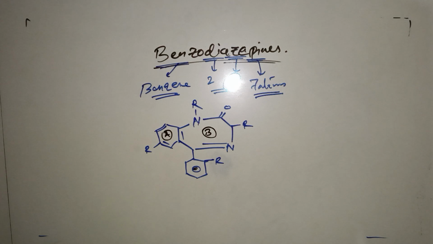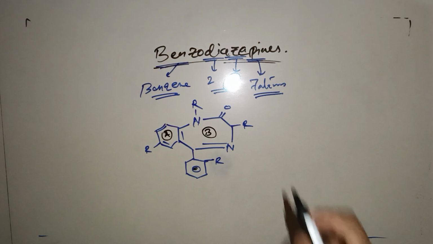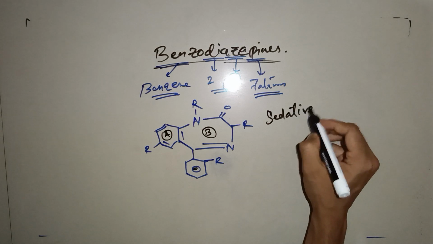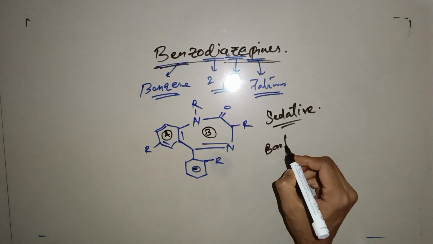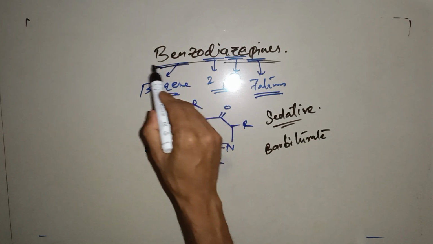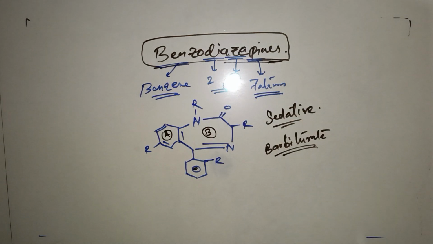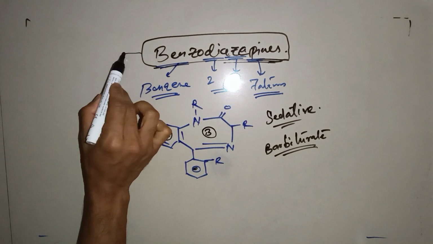The second most important point you have to remember about benzodiazepine is that nowadays it is used widely as a sedative. Before that people used barbiturates, but now they saw that benzodiazepine is good compared to barbiturate because benzodiazepine increases the frequency of the chlorine channel opening.